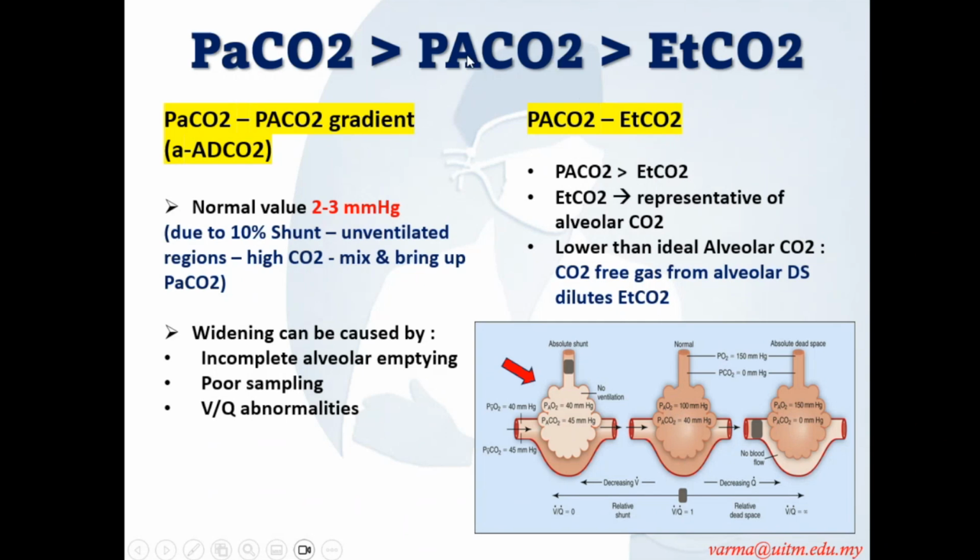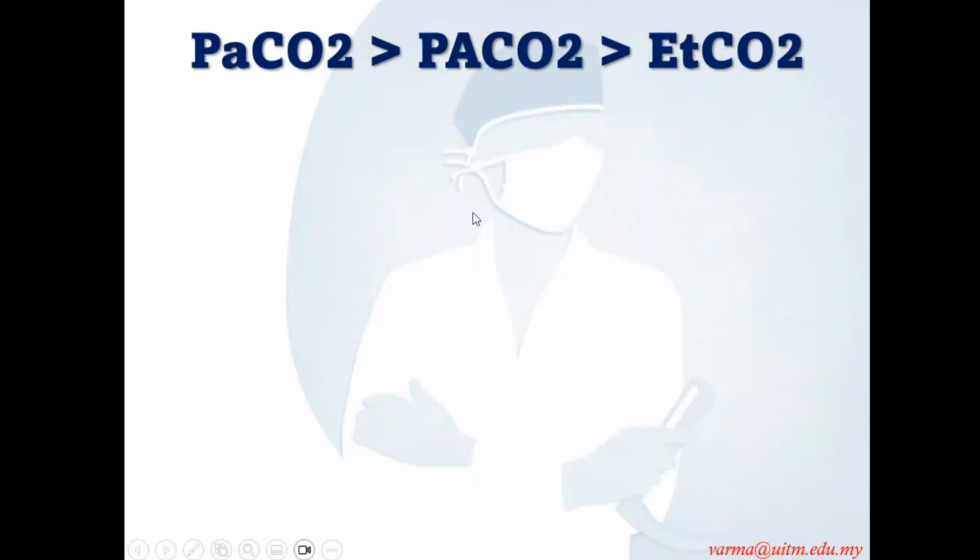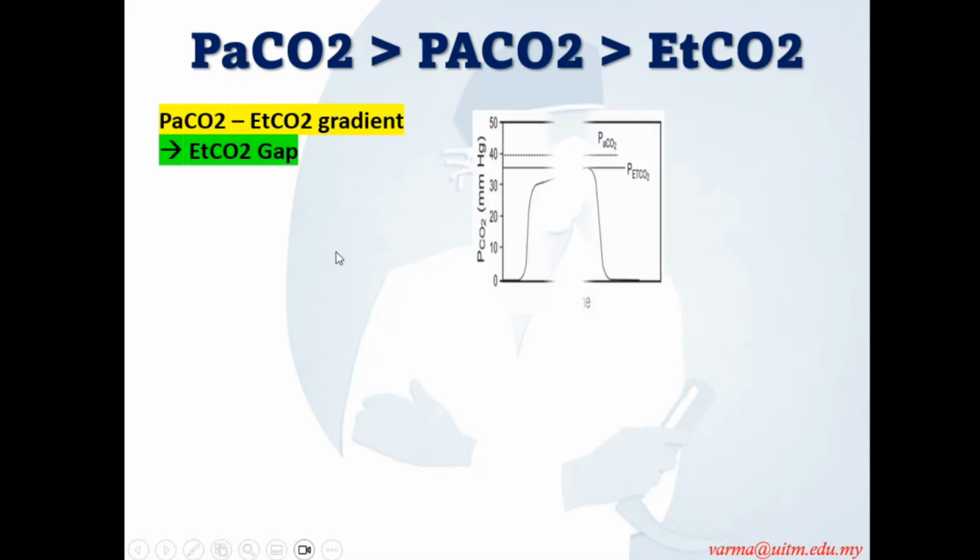We don't measure alveolar CO2; it comes from the alveolar gas equation, so this is just to show the relationship. Next, the important one is the PaCO2 to EtCO2 gradient, where your PaCO2 is much bigger than EtCO2, which is called the EtCO2 gap.